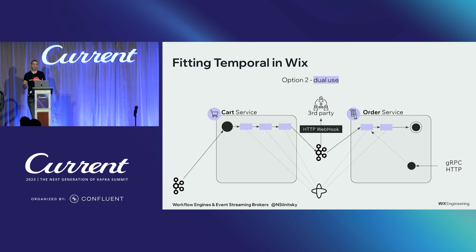Now, the second option is to have it both ways, to also trigger it by Kafka or HTTP, and also with Temporal. But we have two paradigms here. We have basically a more choreography type event based and orchestration with Temporal. So we need to make sure that both can work behind the scenes together.